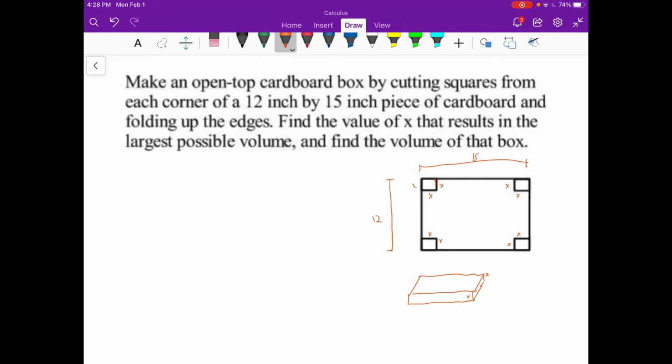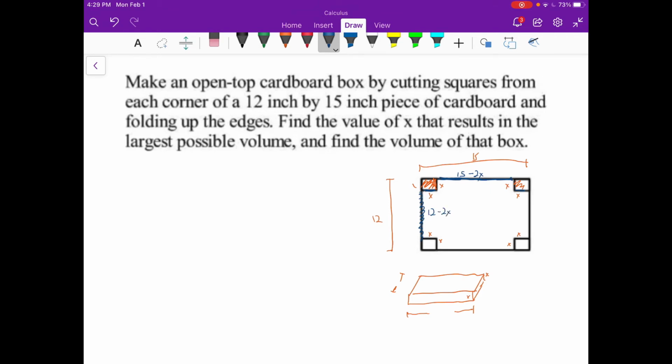Well, when we cut these parts out, what's left, which is this length and this length, will be the other dimensions of this open-topped box. So let's write this in here. This blue part is going to be 15 minus 2x, which means this blue part is going to be the 12 inches minus 2x.